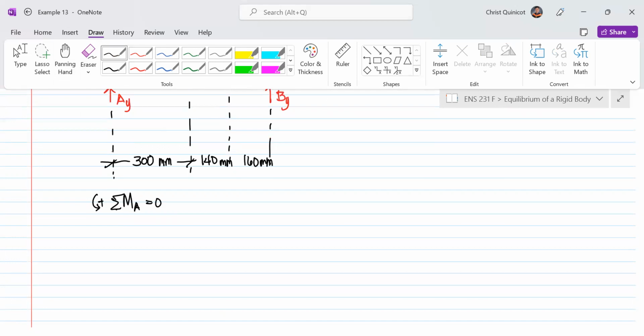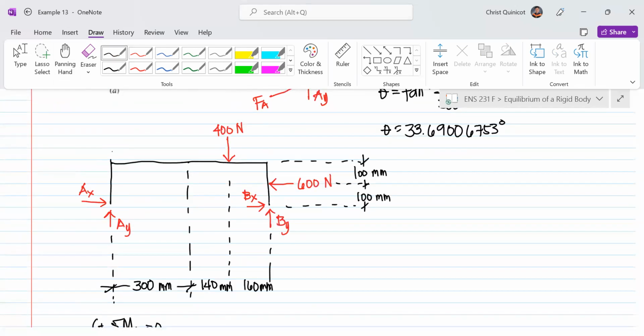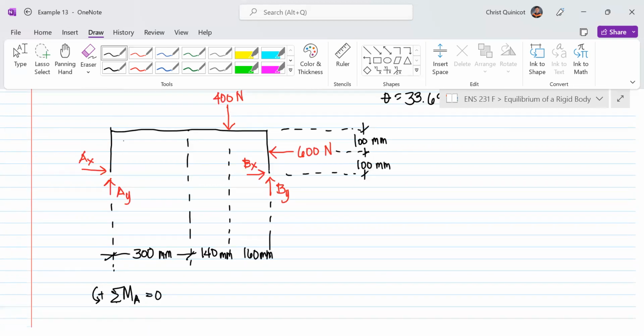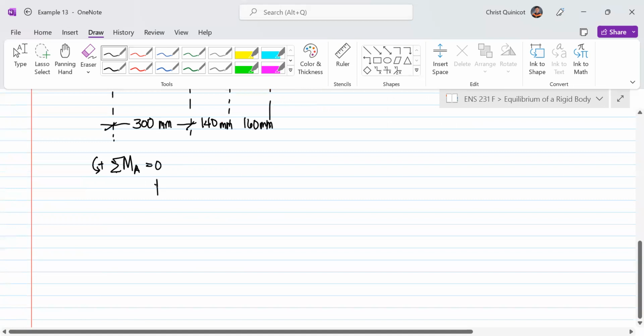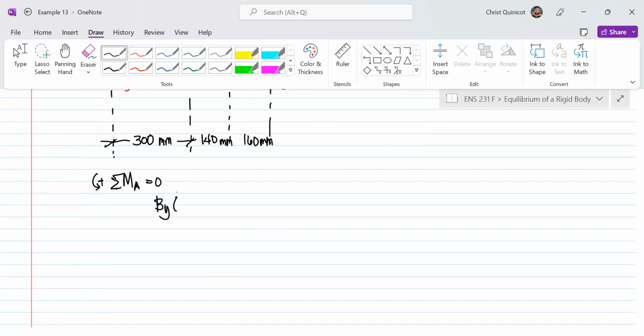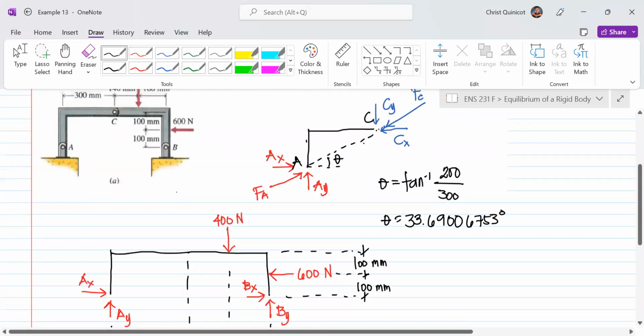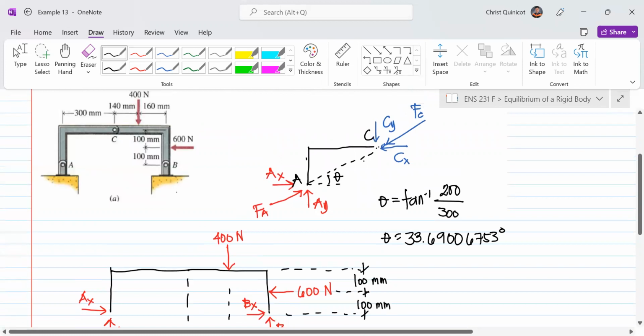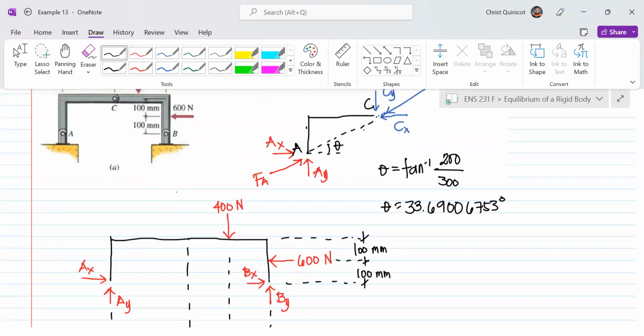If we observe, B sub y creates a counterclockwise moment about point A, 600 Newton as well creates a counterclockwise moment, and only 400 Newton creates a clockwise moment. So this becomes B sub y times the perpendicular distance, which is 300 plus 140 plus 160. That's 140 plus 160, that's 300 as well, so this is 600 mm.